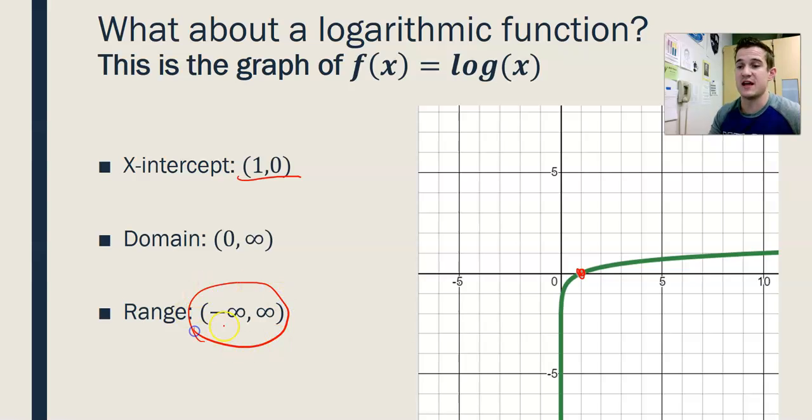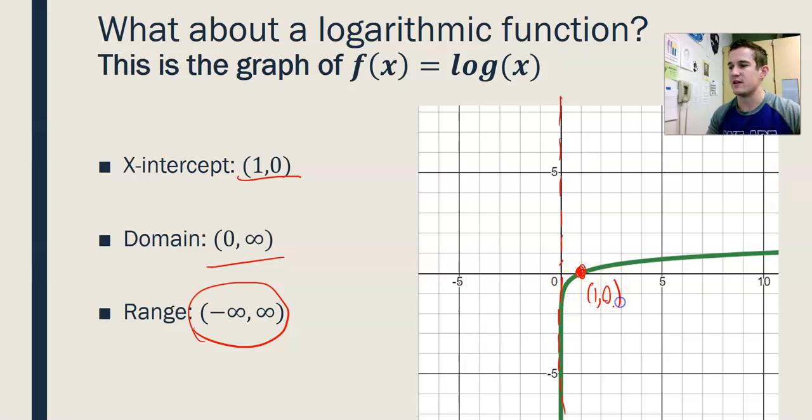The range of a logarithmic function is always negative infinity to positive infinity. And the domain of this parent logarithm function, because I have a vertical asymptote at the y-axis, is going to be from 0 to infinity.